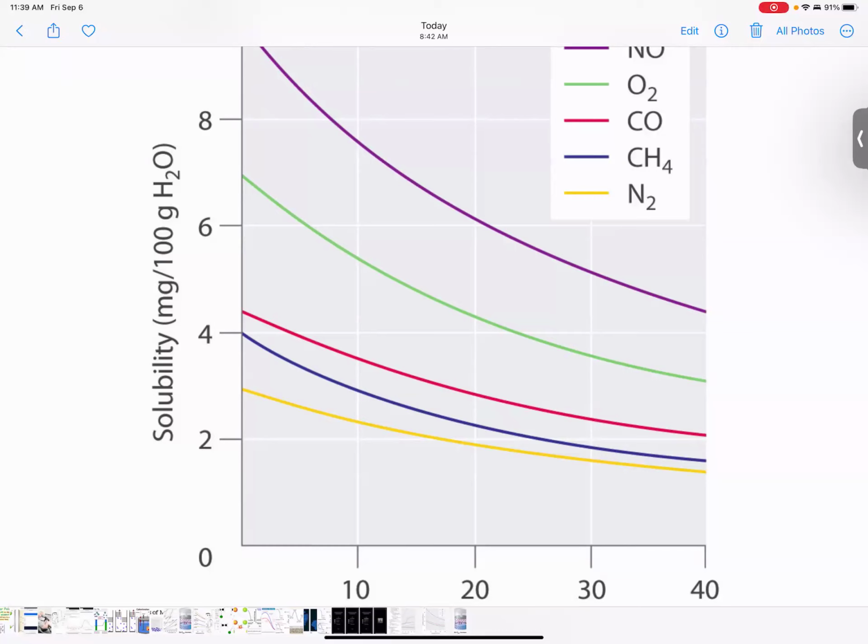Yes, when the gas molecules in gas phase collide, some of them are going to go into solution because they don't have as much kinetic energy. However, because we increase the temperature, we've increased the number of gas molecules at that high kinetic energy.